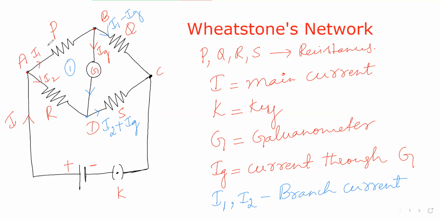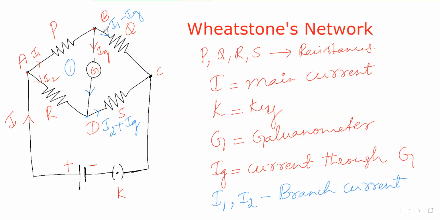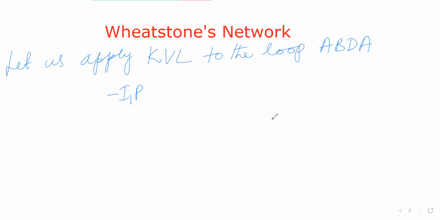So I1P is taken as negative, minus I1P. Again, we come to the point B, then we have to go to D via G, moving along with the current of the galvanometer, that is IG. So now I'll write here, minus IGG, because when we are moving along the direction of the current, we have to take it as minus.